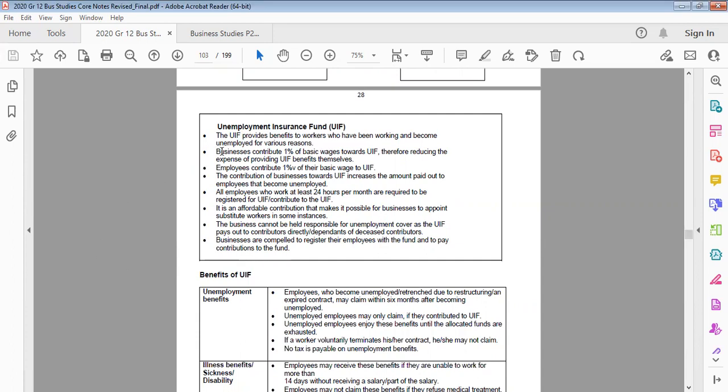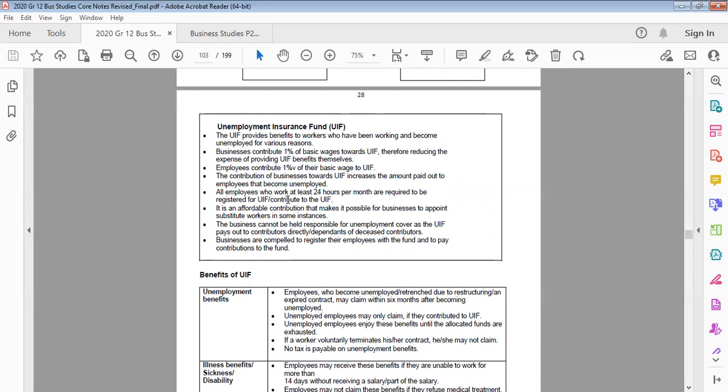Employers are supposed to contribute 1% of basic wages to UIF, therefore reducing the expense of providing UIF benefits themselves. Employees contribute 1% of the basic wage to UIF. So employers and employees both contribute to the UIF.